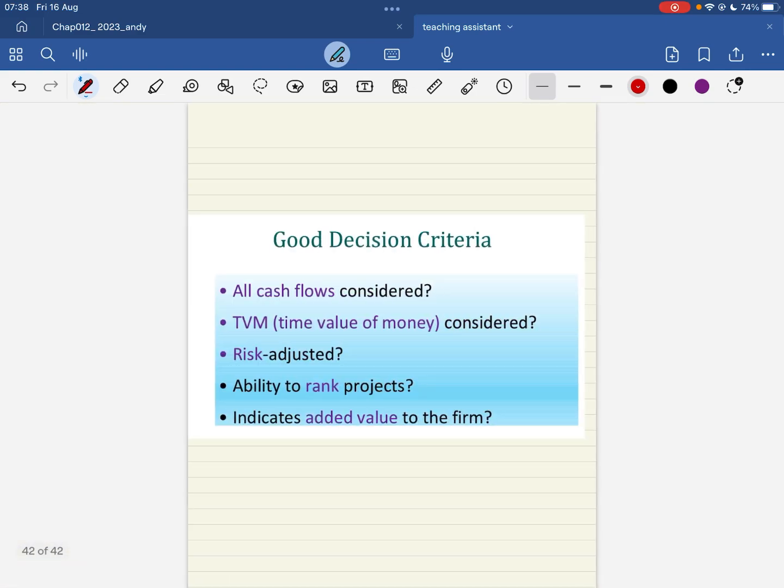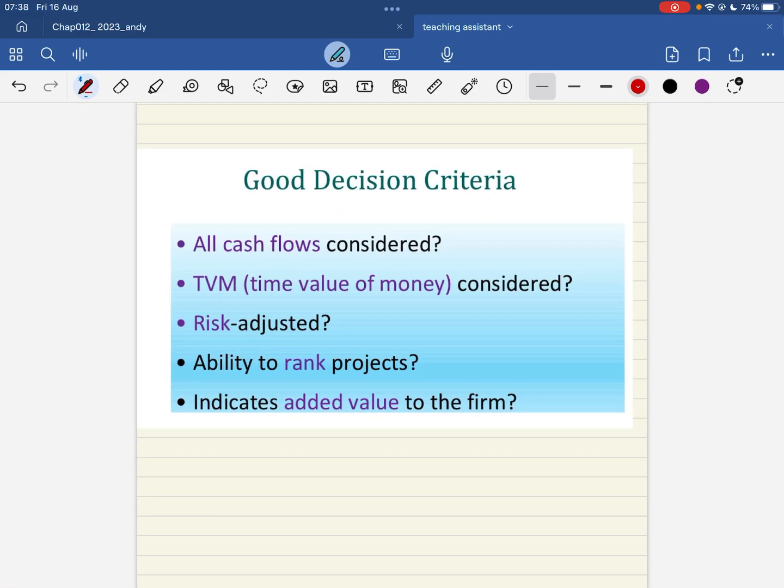So for the last word, will IRR be a good decision criterion? Let's answer this question again. Are the cash flows considered? Yes, of course. Look at the formula, it starts from CF0 to CFN. Is the time value of money considered? Yes, of course. Is it risk adjusted?